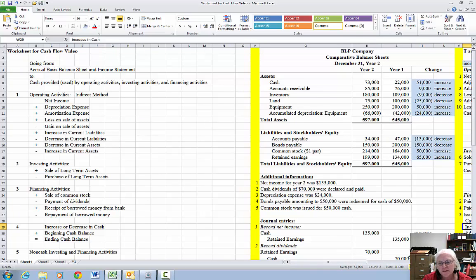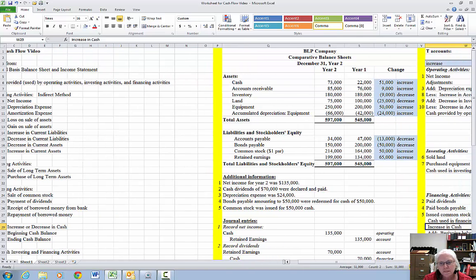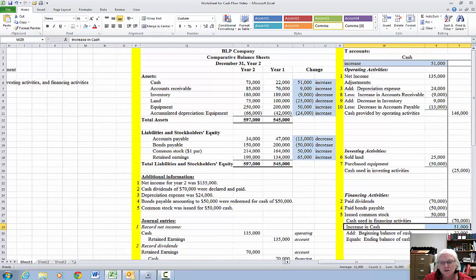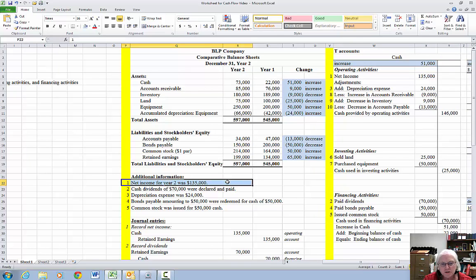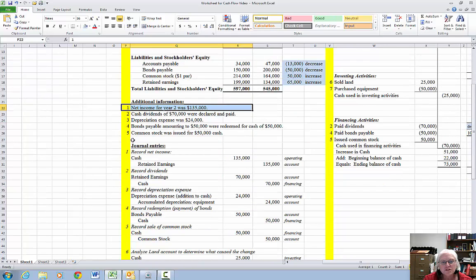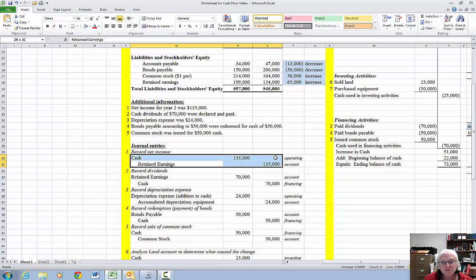All right, so the next thing we're going to do is make our journal entries to record our additional information. So information number 1, net income for year 2 is $135,000. Remember, on these journal entries, we are not recording these in our books. So to record net income, we're going to debit cash and credit retained earnings.